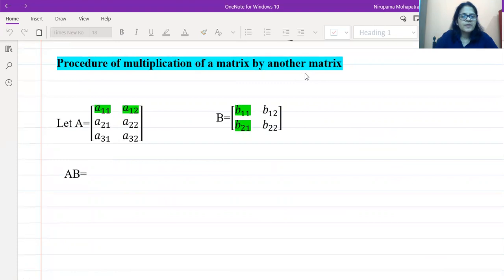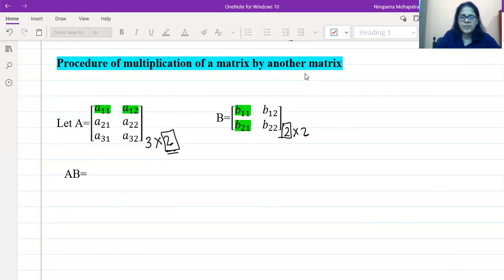Okay, so here I have taken a matrix A. You can see this is a 3 by 2 matrix, so the number of columns is 2, and I have taken a B matrix. It is a 2 by 2 matrix. Now the number of columns of the first matrix is equal to the number of rows of the second matrix.